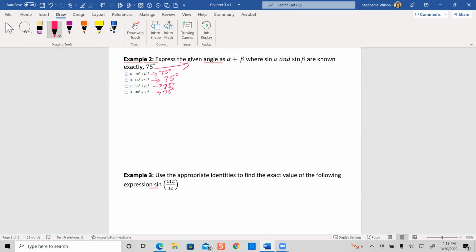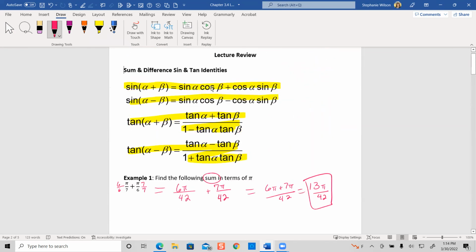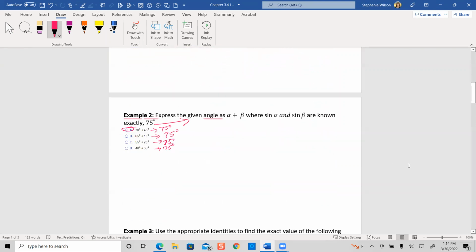However, when we look at it on the unit circle, we can find the angles exactly. We know 30, 45, 60, 90, 120, and so on. In this case here, the best option is going to be A. And if we wanted to, what we could do is come up here to the top where we have the formulas, and we can pull our sum and plug in and then see what it gives us in the end.